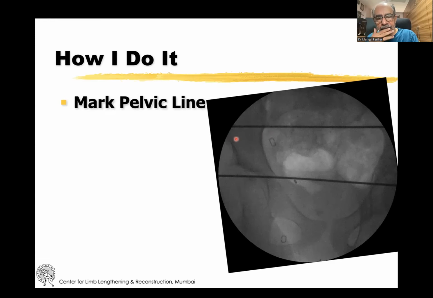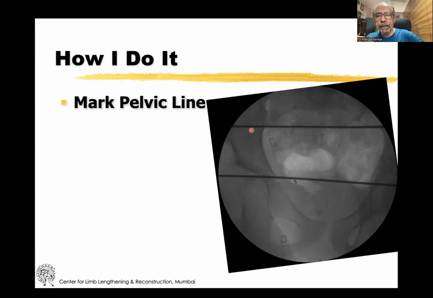So first of all, I keep a long wire on the pelvis to see what is the pelvic line, that is the same inferior sacroiliac joint line. And I will mark this with a marker pen.